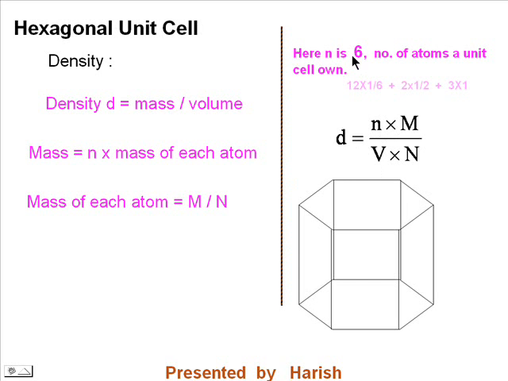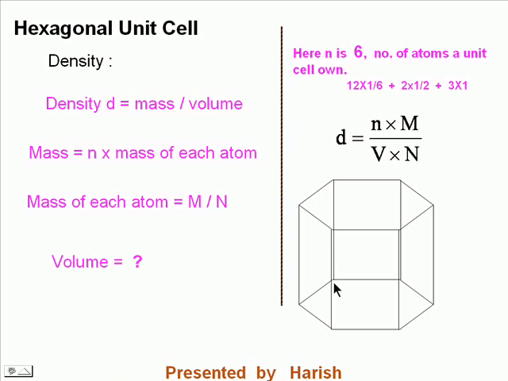So N is 6 here, that is 12 into 1 by 6, 2 into 1 by 2, 3 into 1. So 12 at the corners of the faces, and 2 at the centers of the face, and 3 completely inside.